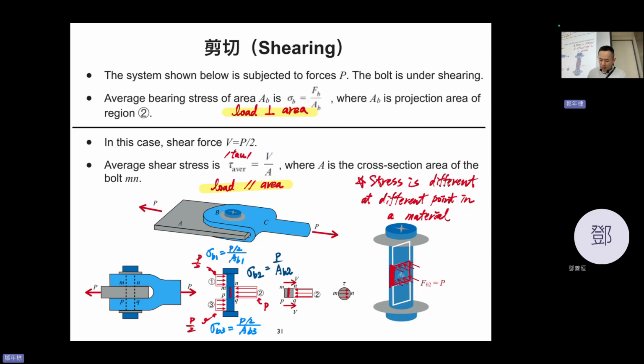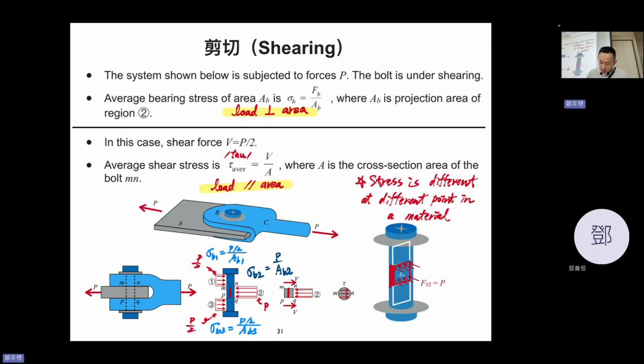the textbook has a mistake: it draws the bearing area drawn this way, parallel to the force direction. So it's not right. It should look like a line in this view.